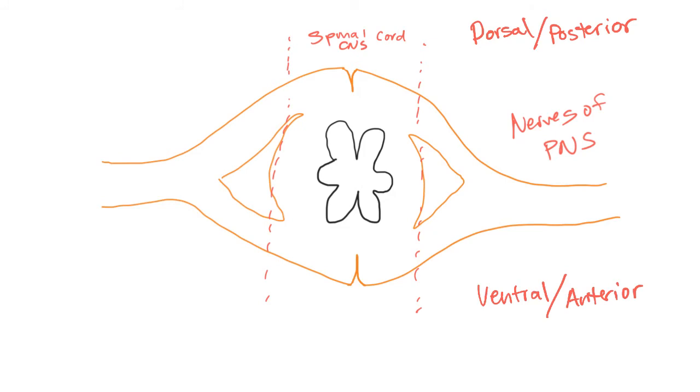So if you drew a line down the middle, we have our anterior and posterior, or dorsal and ventral sides.